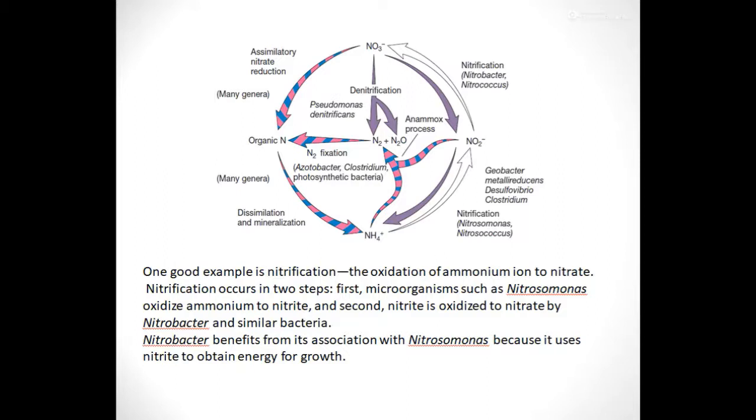Even if Nitrosomonas is not giving it nitrite, Nitrobacter can survive in the environment, but when Nitrosomonas helps it, it gets an additional benefit, and it becomes easier for it to convert nitrite into nitrate.